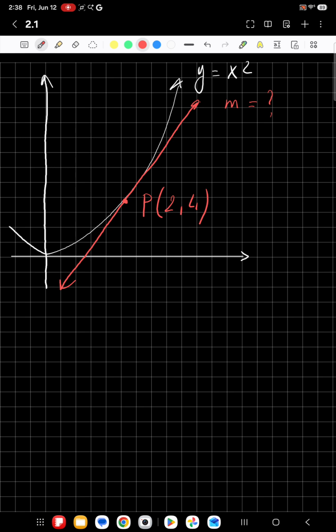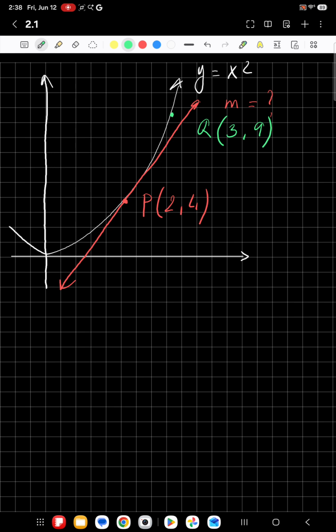But what we can do is pick another point. Maybe this one, and this will be point Q. For now, let's have specific coordinates: it'll be 3, 9.